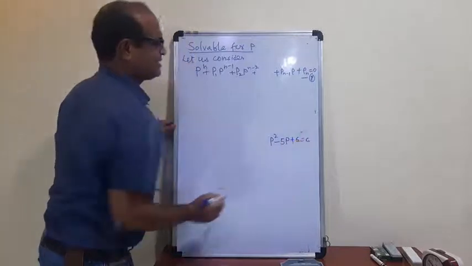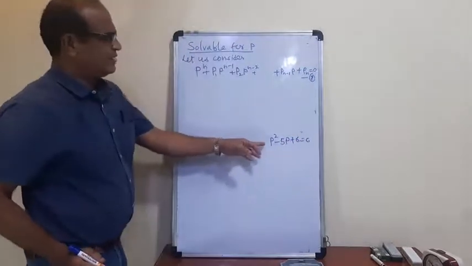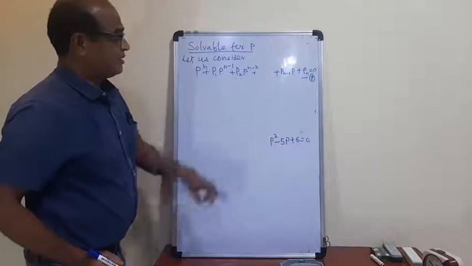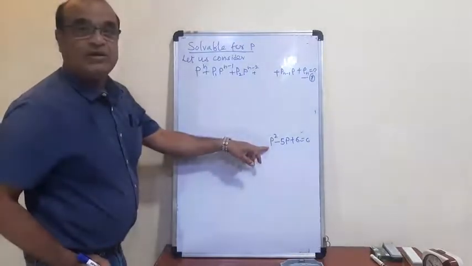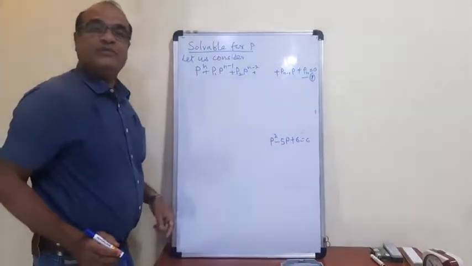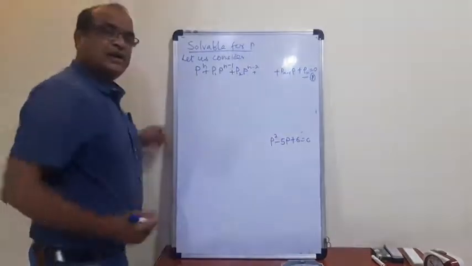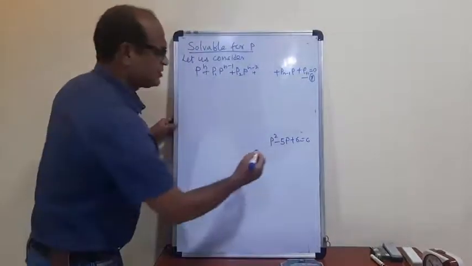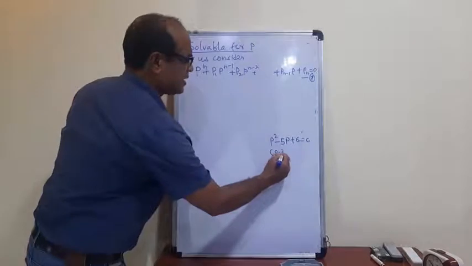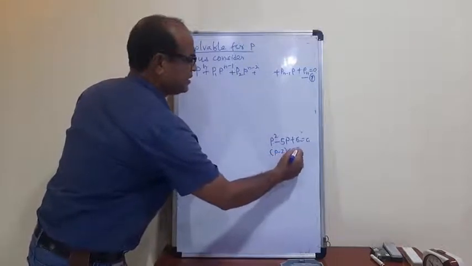So this is, for example, p^2 - 5p + 6. So this is a first order but second degree differential equation. So this is a quadratic equation. So we can factorize this equation, that is (p - 2)(p - 3) = 0.